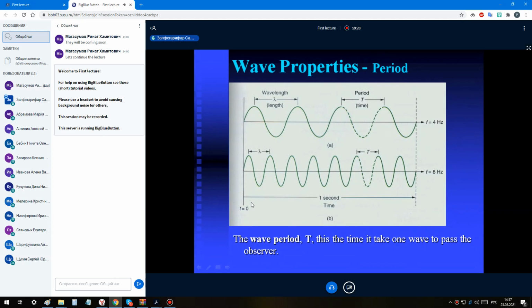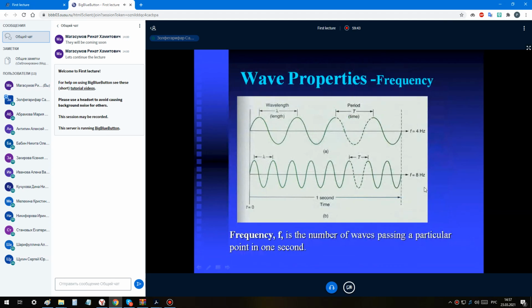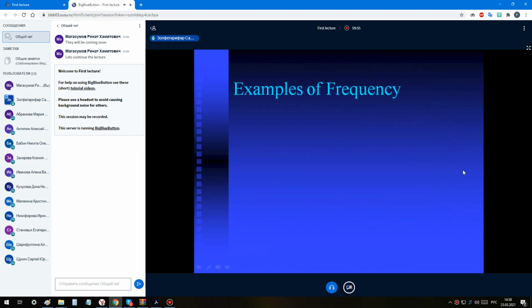This slide shows the displacement of a wave per time after vibration, at frequencies of 4 Hz and 8 Hz.